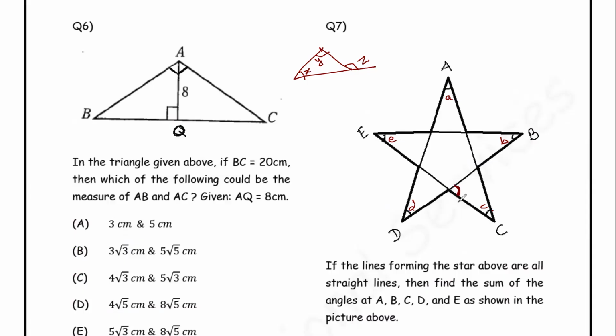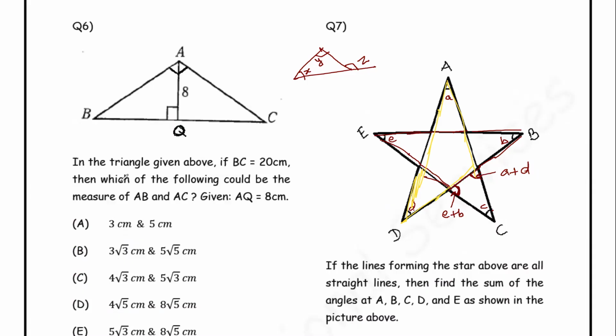Let's consider this as the exterior angle for this triangle out here, with E and B. Therefore, this angle is E plus B. And then similarly, this is the exterior angle for this triangle in yellow, with A and D. So out there, this angle will be A plus D.